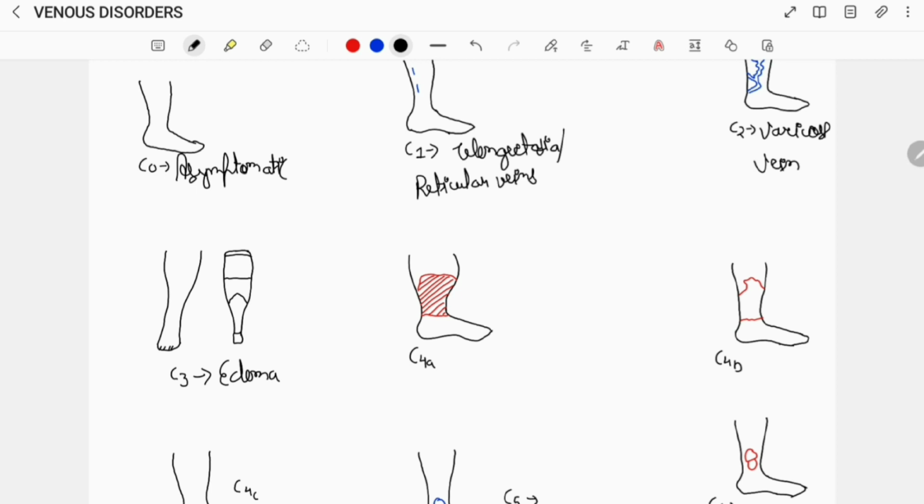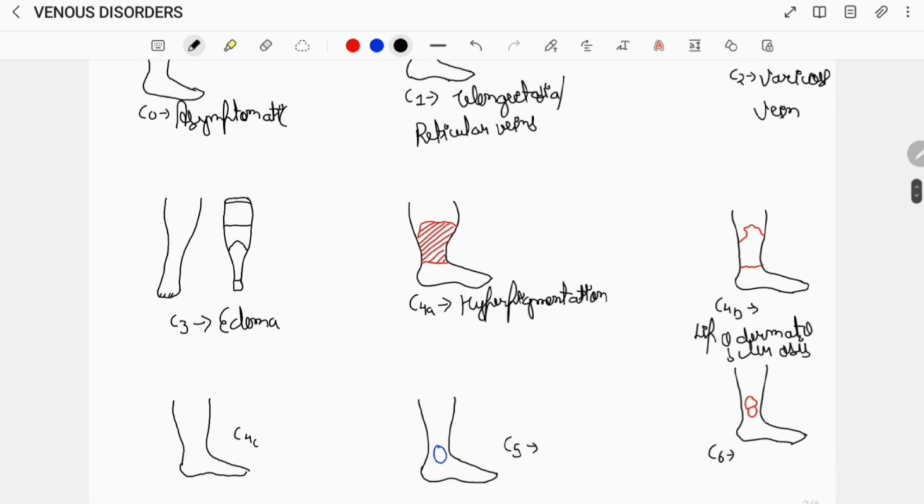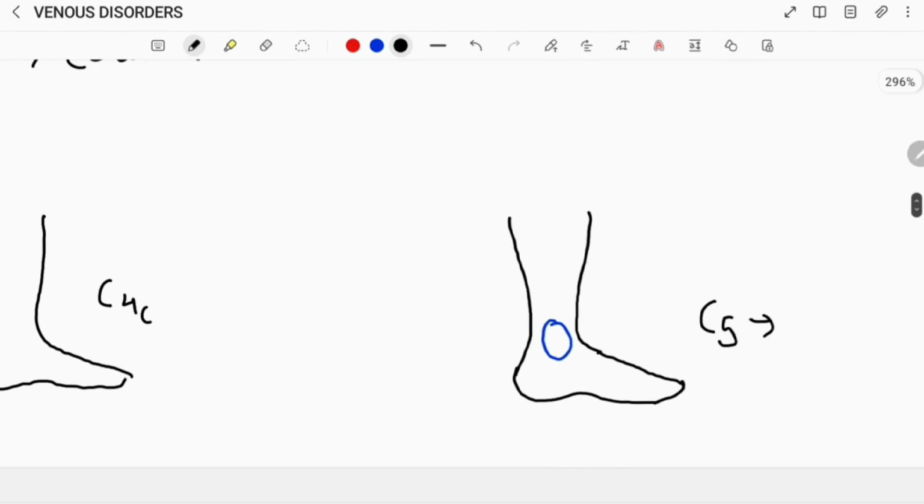Now C4 can be divided into A, B and C. In C4A we have hyperpigmentation. In C4B, we have something known as lipodermatosclerosis. There is also C4C, wherein we have corona phlebectatica.